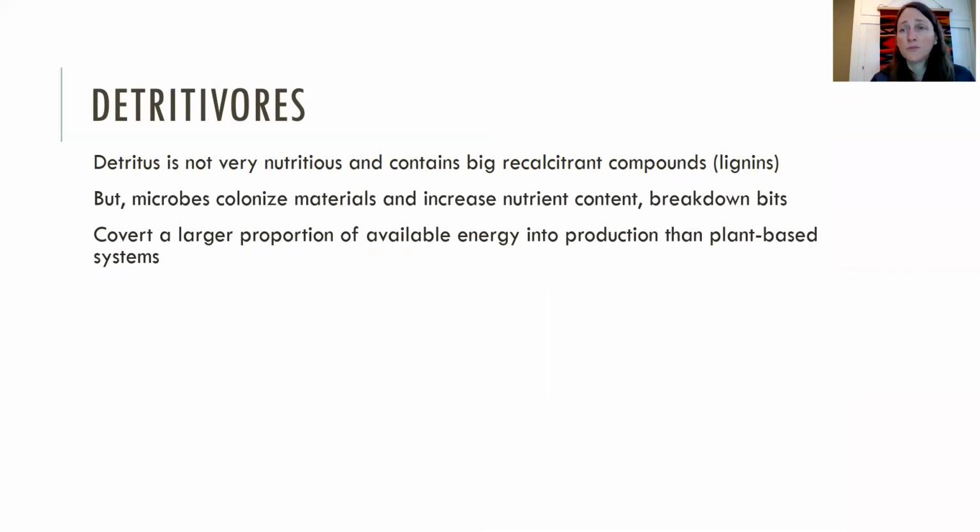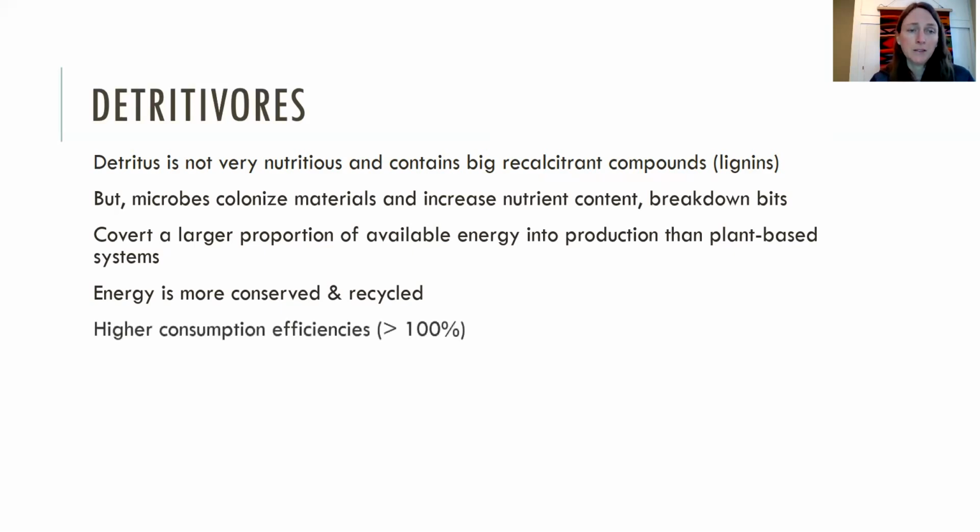So detritivores are really super important, both terrestrially and in aquatic systems. Energy is more conserved and more recycled in what we call brown food webs that are driven by detritus, than green food webs, those food webs that are driven by plants.